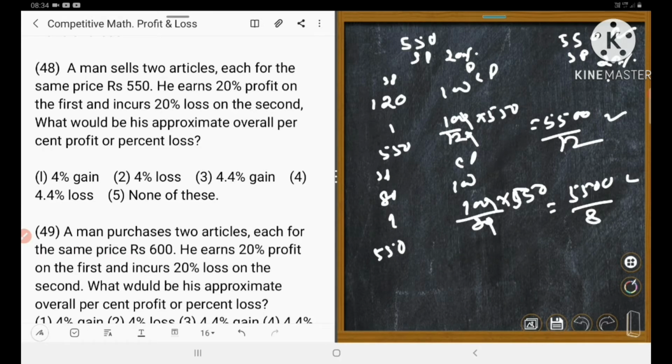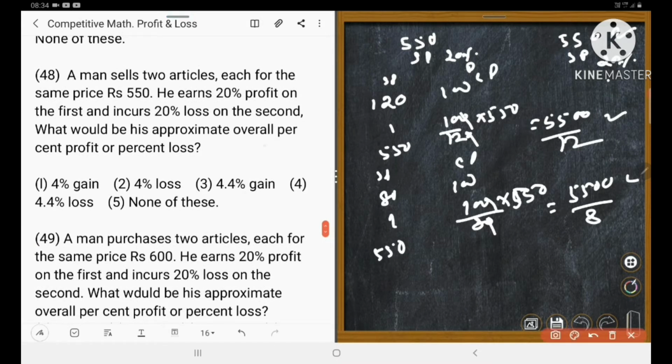Number 48. That is number 48, 49. No, that is 40% gain. Just 1 minute. So 12. This one 12. Just 1 minute.